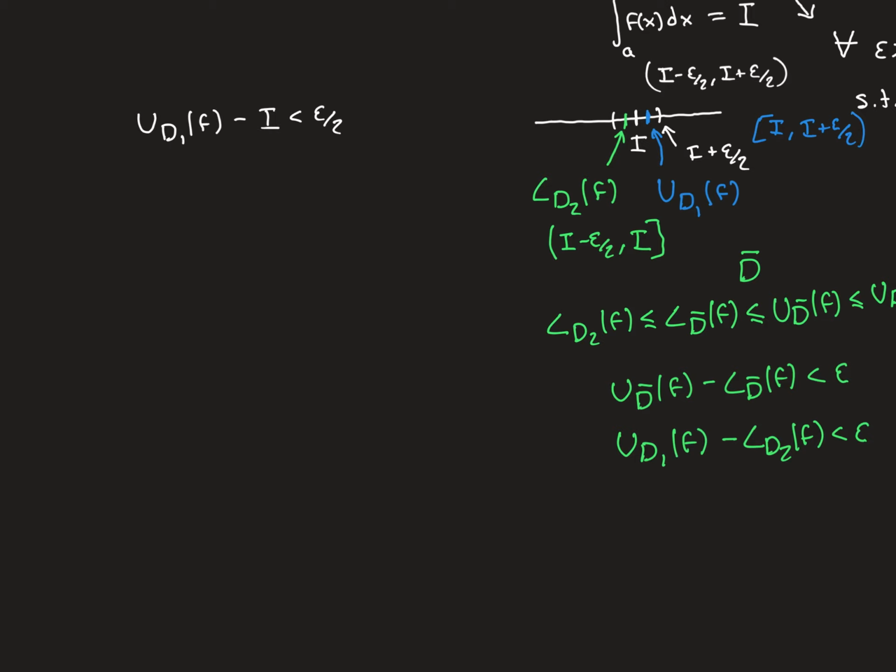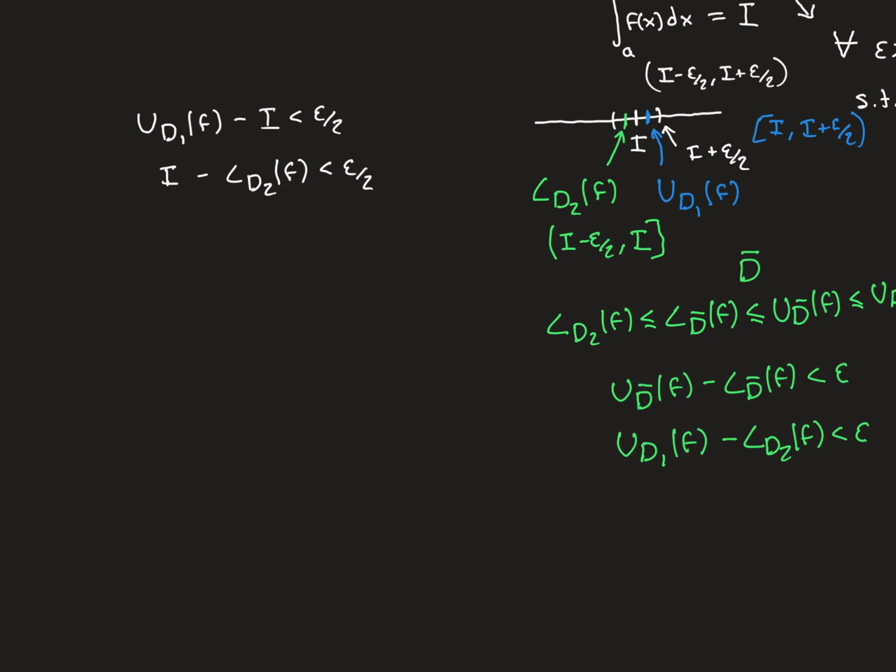That just comes from the fact that this was chosen so that it was inside that epsilon over 2 half interval there. We also know that I minus the lower Riemann sum over D2 of F is also less than epsilon over 2. Again, that comes from the fact that this lower Riemann sum was picked in that epsilon over 2 size half interval here.